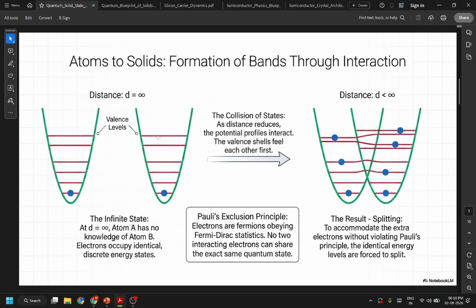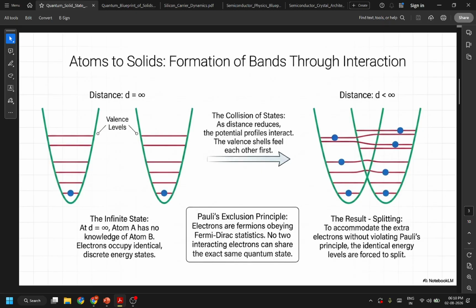When they come together, if the states remain identical, then the electron can stay in only one state and not in the other, which won't be possible since we have two electrons, one from each atom. So what will happen is that the interacting states will get split.